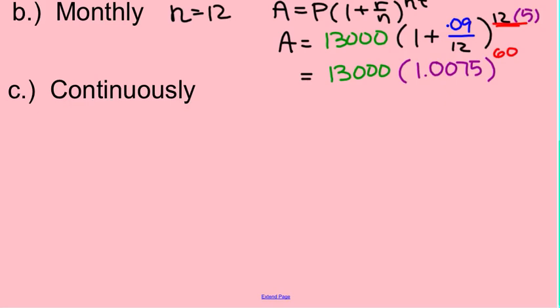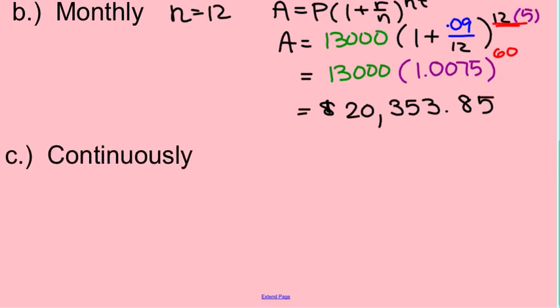All right, so this time let's try to put it in our calculator in one shot. So take $13,000 times, put your parentheses in, 1.0075, finish that parentheses, raise it to the 60th power. And you should get $20,353.85.